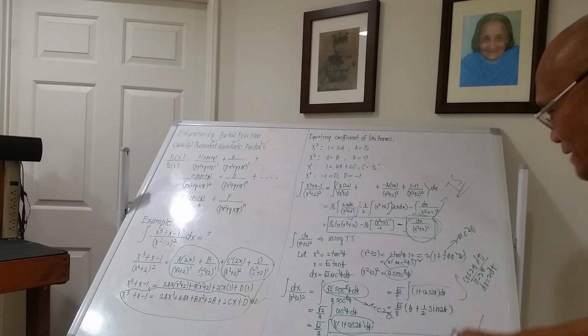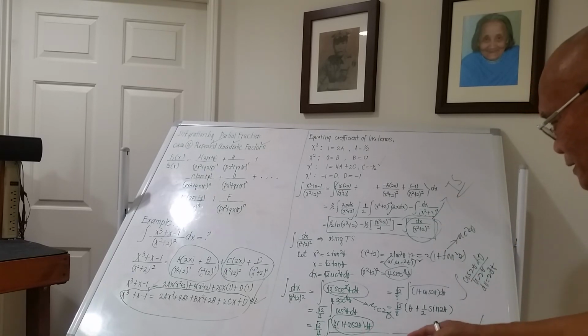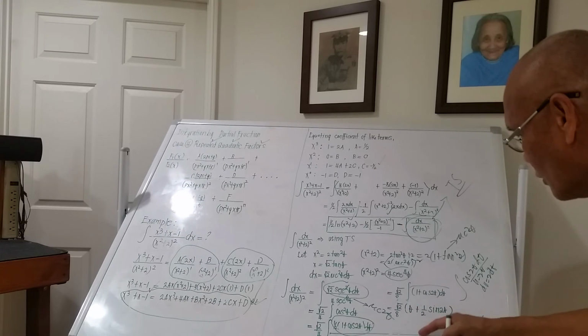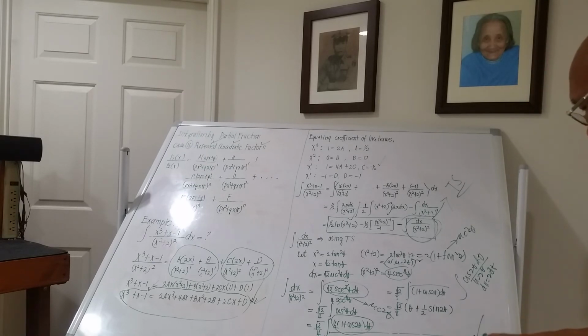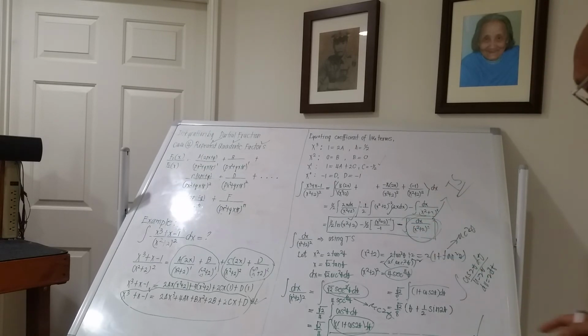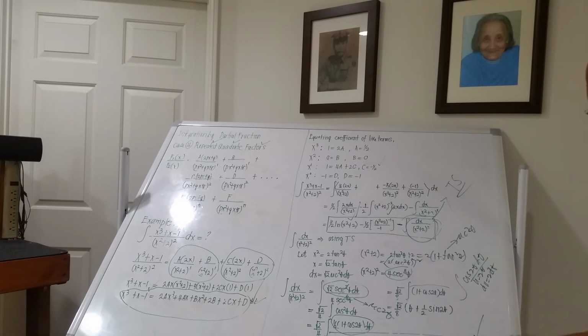So the final answer will be 1/2 natural logarithm of (x squared plus 2) plus 1 over 2 times (x squared plus 2) minus square root of 2 over 8 times the quantity theta plus 1/2 sine of 2 theta, plus c. Final answer.